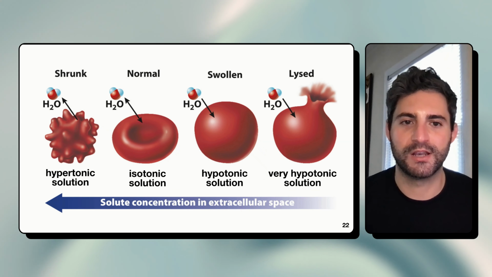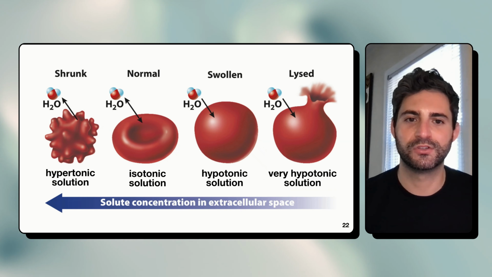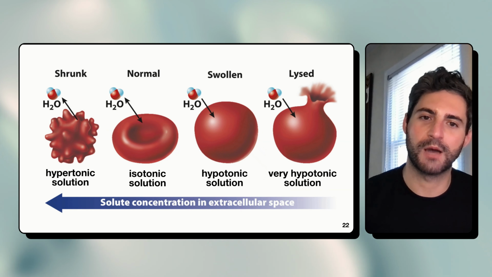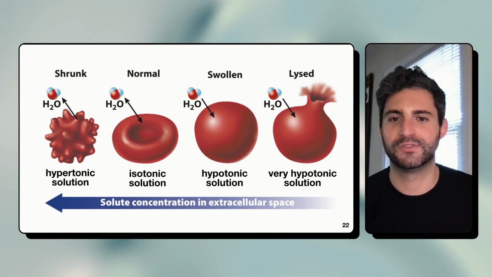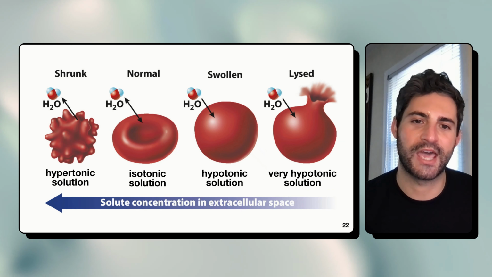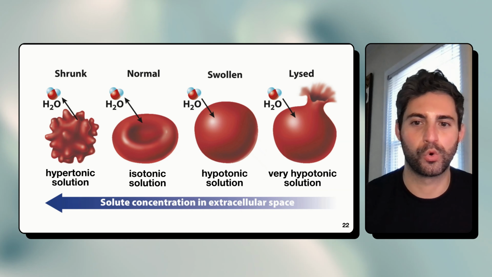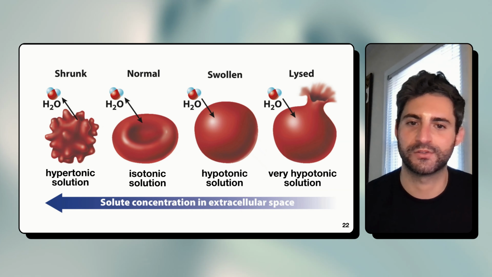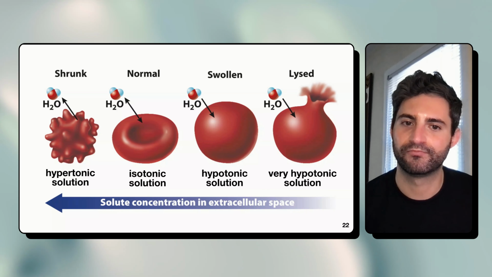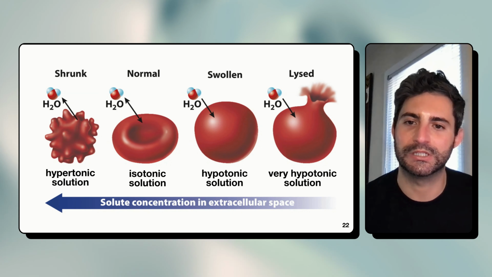Imagine we have a bag of red blood cells, and if we take those red blood cells and place them in different concentrations of solutions, they will either burst open or shrivel up depending on how much water enters or leaves the cells. For example, if we take one of those animal cells and place it in a hypotonic solution, or a very hypotonic solution such as pure water, the cell will take up water by osmosis because the water wants to move to an area where it can dilute solutes.